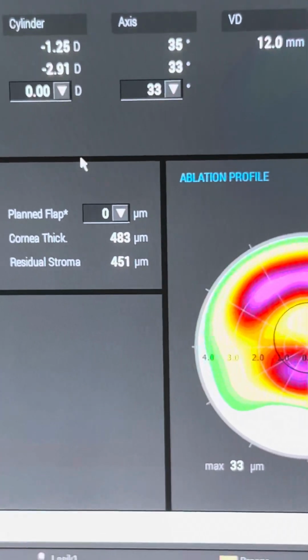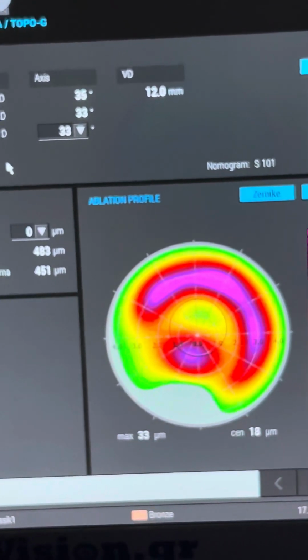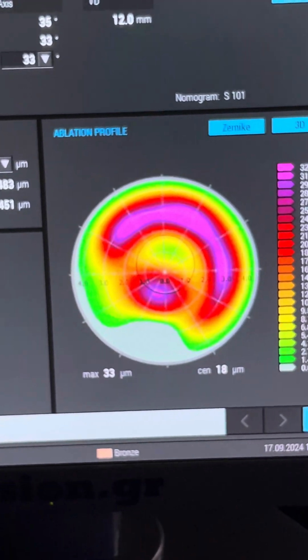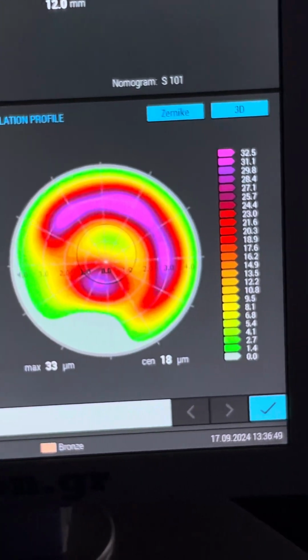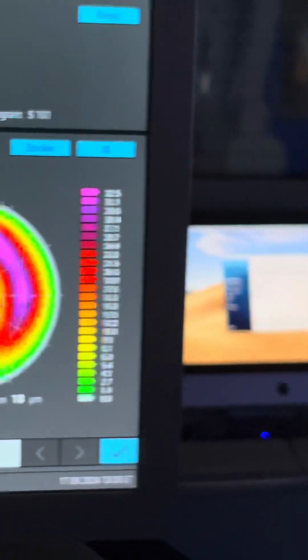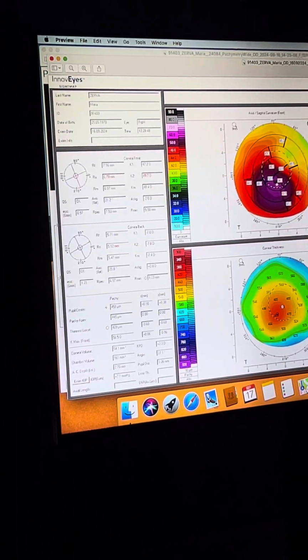It's currently set at 0 refraction. The patient's refraction is -1, -125 at 35, but we know that since the steepest K on the Pentacam is over 50, it's 54.3, we're probably dealing with more than 5-6 diopters of myopia.